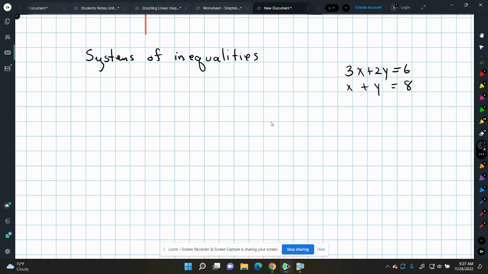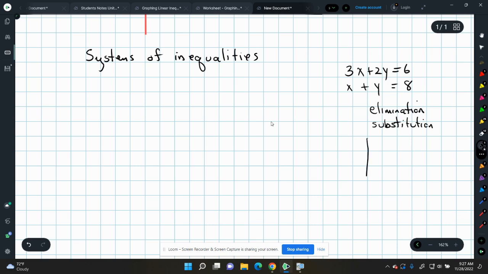Oh, not the subtraction. No, that's algebraic. That's true. Algebraically we could use the elimination method or the substitution method. That's doing it algebraically. But graphically, do you remember, Grady? Don't you have to isolate the y by itself and then just graph it?